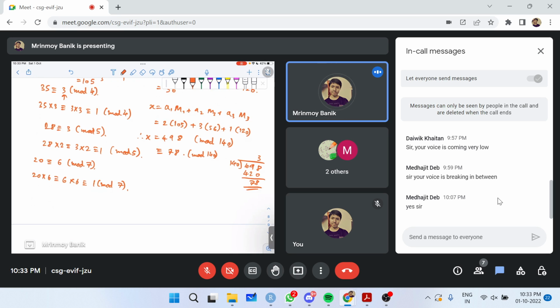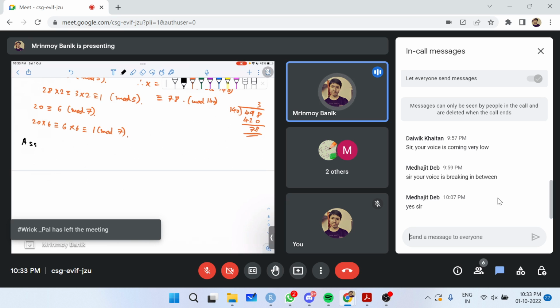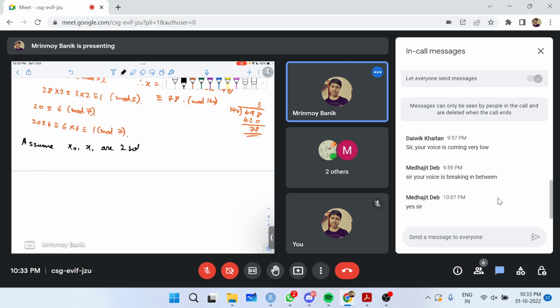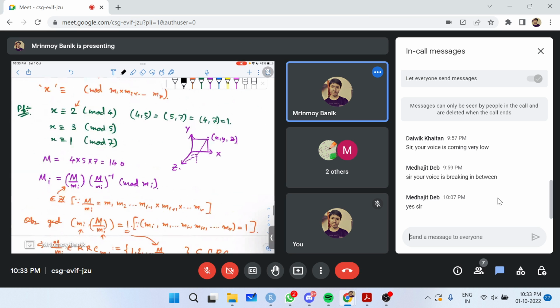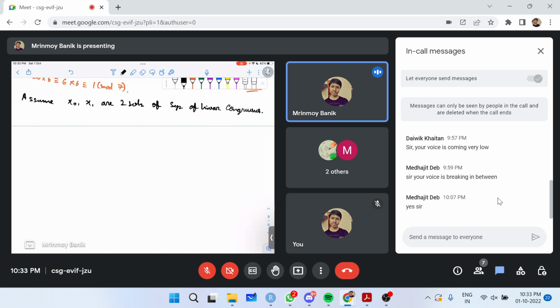Why is this thing unique mod 140? To prove that it's unique mod 140, or M in general, you can assume x naught and y naught are two solutions of the above system of linear congruences. Suppose they are distinct, in the sense that x naught and y naught are not congruent mod 140, or in the general case, mod M, the product of the mi's.